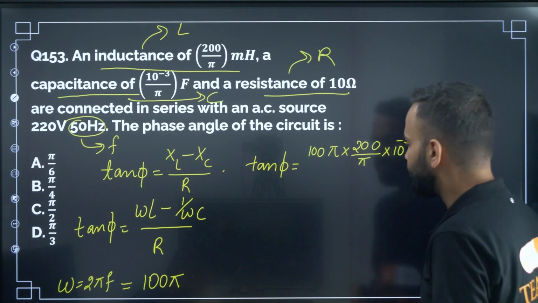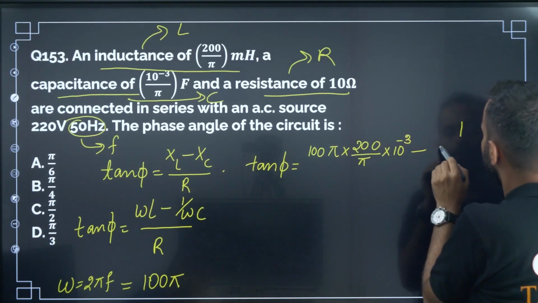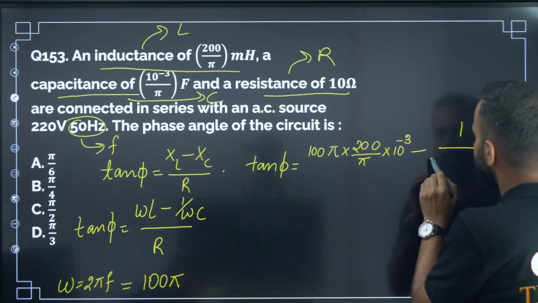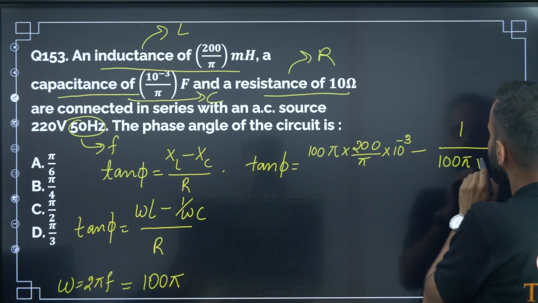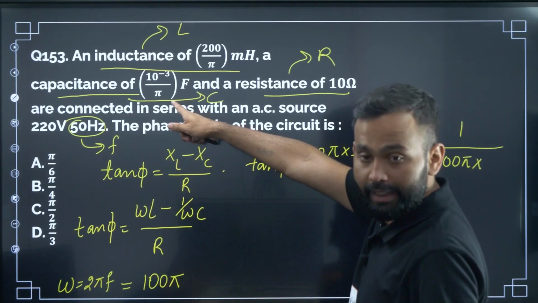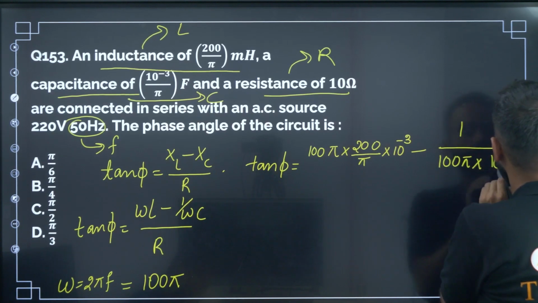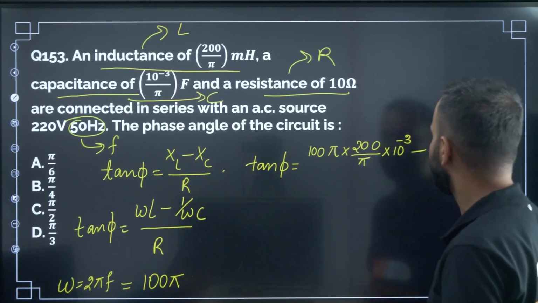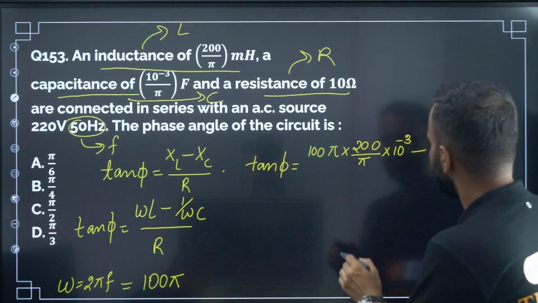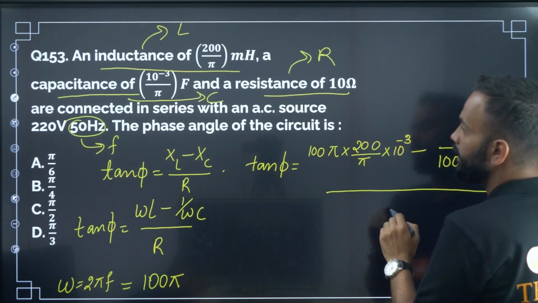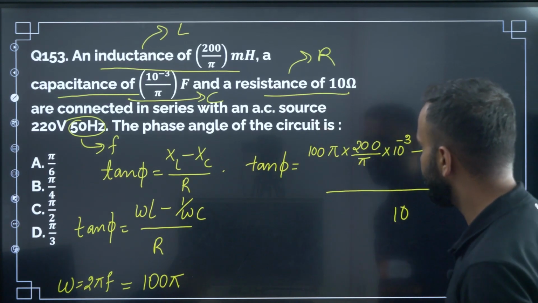This is XL minus XC, that is 1 divided by omega C. Omega is 100 pi and C is 10 to the power minus 3 divided by pi farad. So 1 divided by omega C, whole divided by 10, since resistance is 10 ohm.